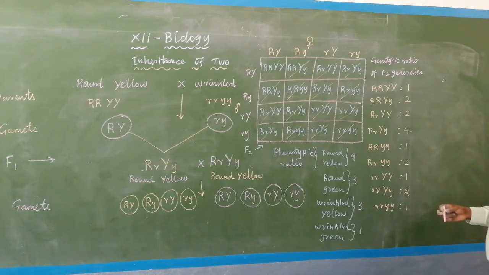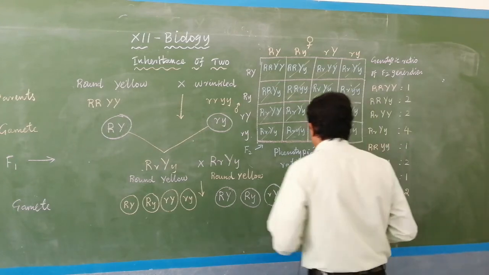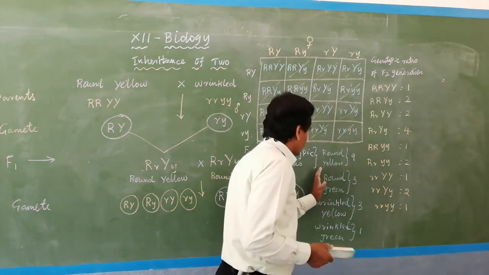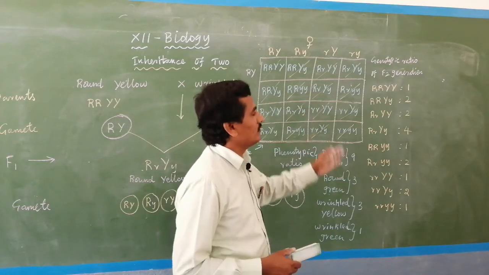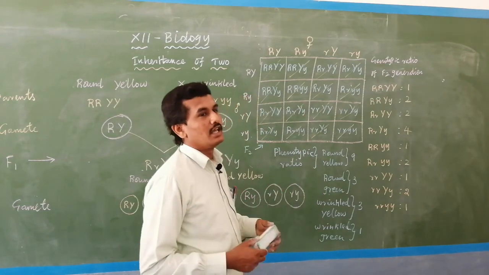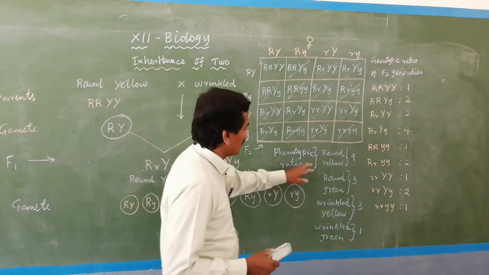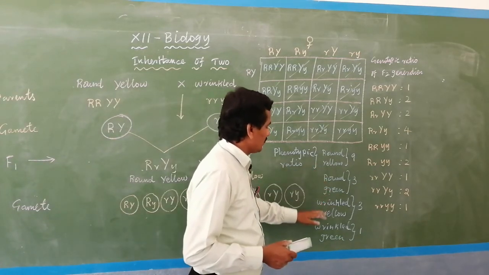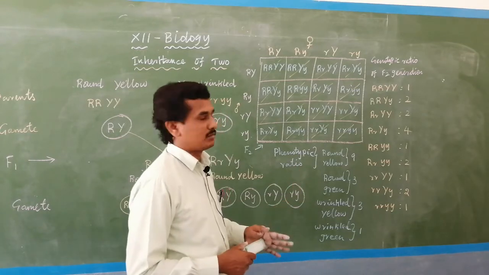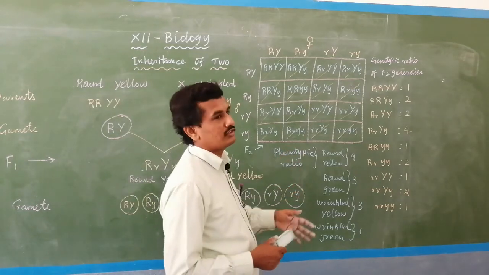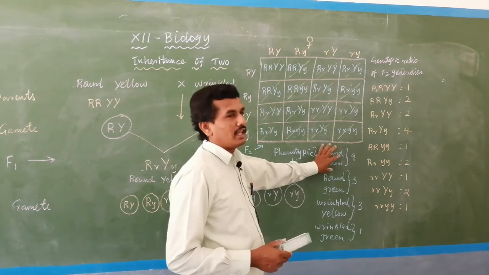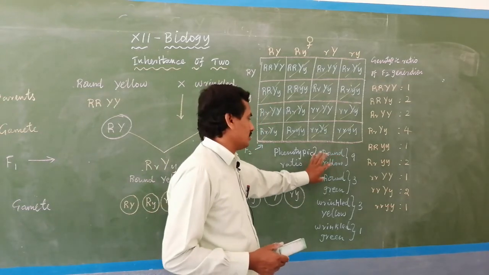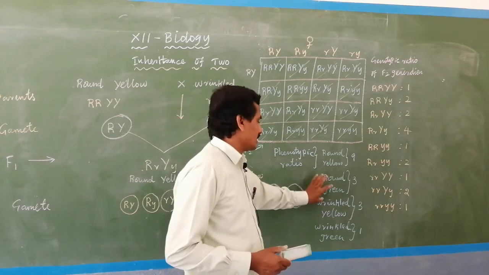So, in a question, maybe in the NEET examination, how many phenotypes and how many genotypes are produced in the F2 generation? The phenotypes are 1, 2, 3, 4. So, 4 phenotypes are produced. Totally the number of plants is 16, but in the different varieties, 9 plants are the same variety, the same shape and same size, and then 3 and 3 and 3.